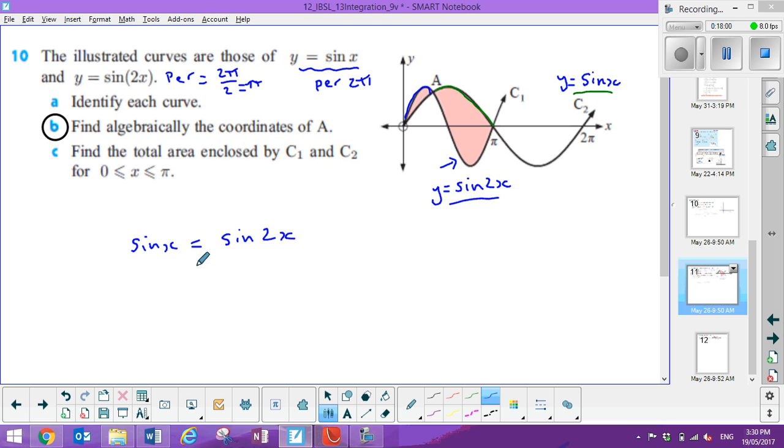Turn your sine of 2x into 2 sine x cos x, and then go through and solve all that. Take it all on one side, factorise it, get equal to 0, and solve for x. So let's see if you can have a go at that. Get those points of intersection, and then do your integral.